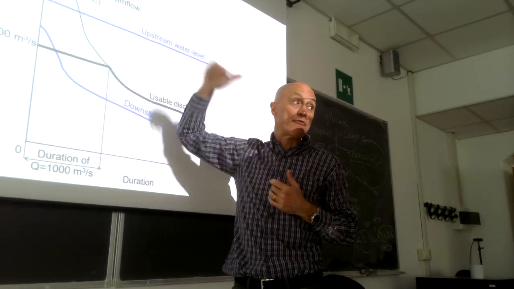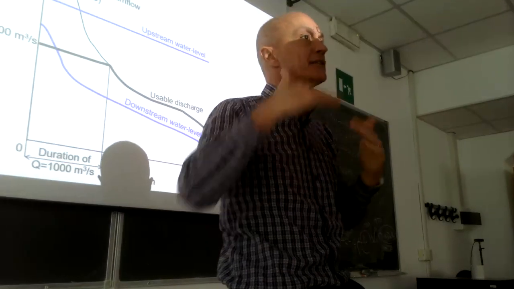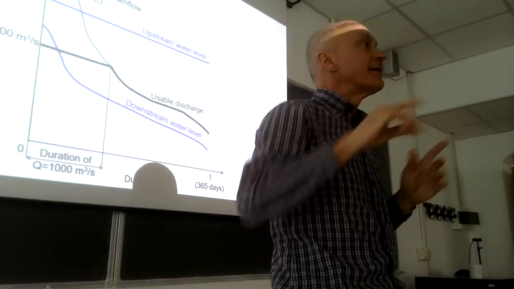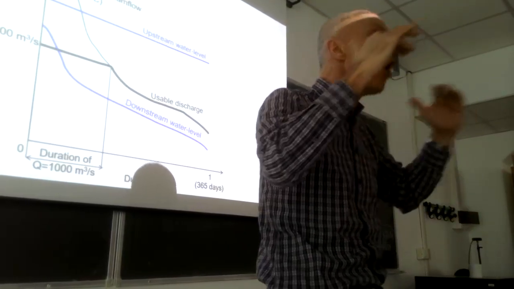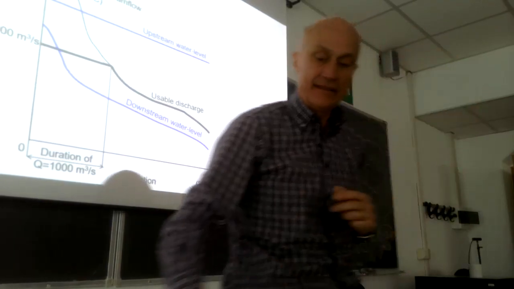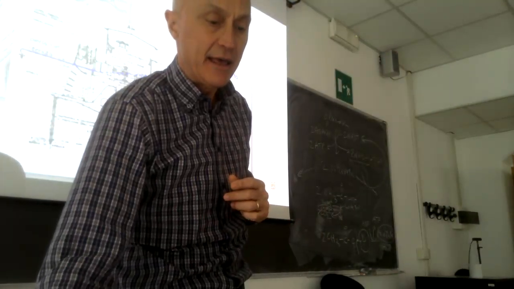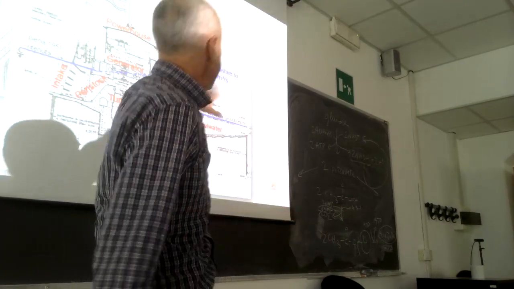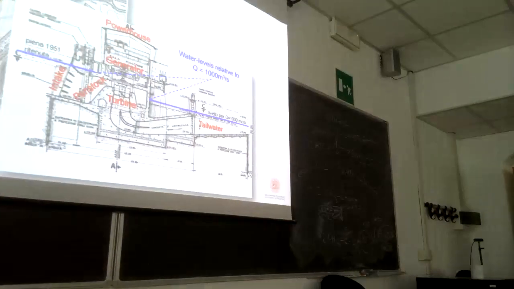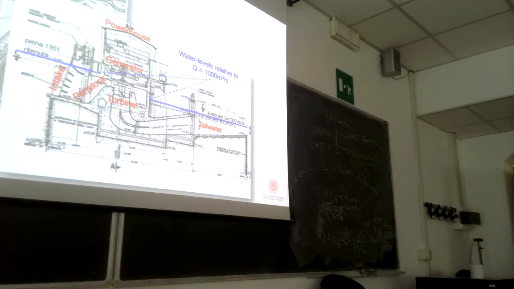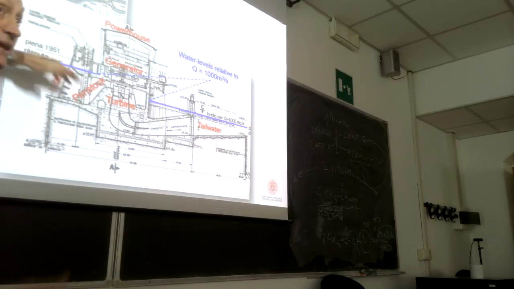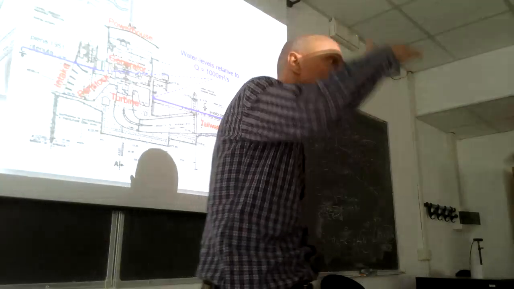They manage to keep the water level constant throughout the year by opening and closing the gates. Okay? So, if the dam and the gates weren't there, a higher discharge would mean a higher water level.